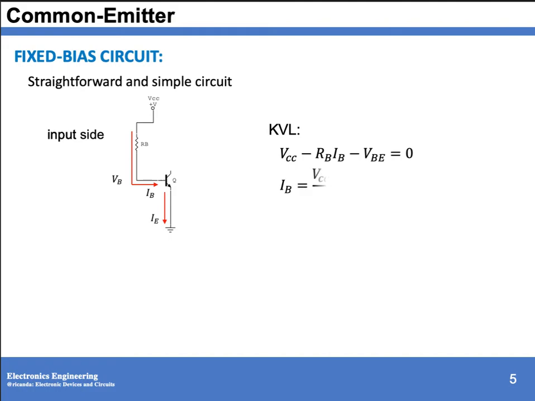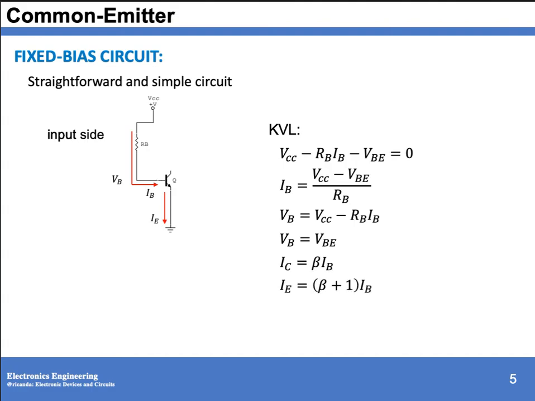Solving for your IB, therefore IB equals VCC minus your base emitter junction voltage over RB. And if we solve for your voltage at the base with respect to ground, we have VCC minus the voltage drop across RB, which is equivalent to your VBE. And getting your IC, that is beta IB, and your IE is equivalent to beta plus 1 times IB.